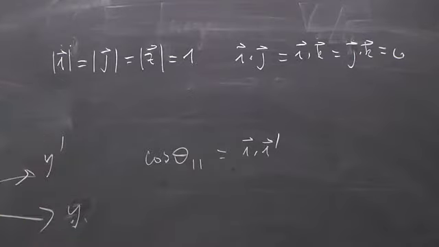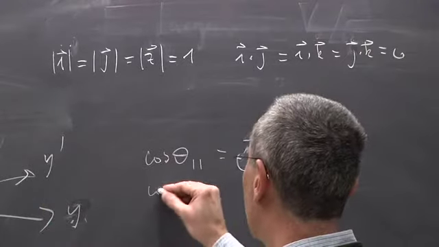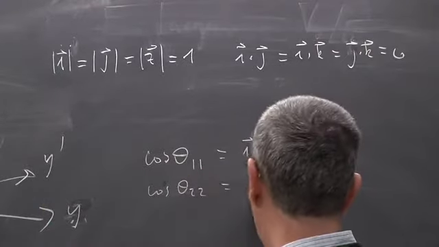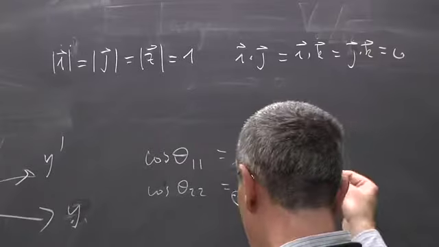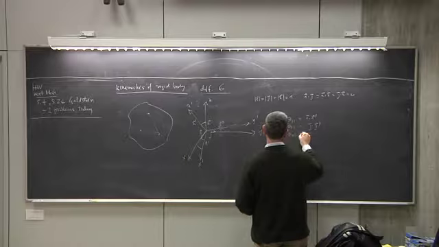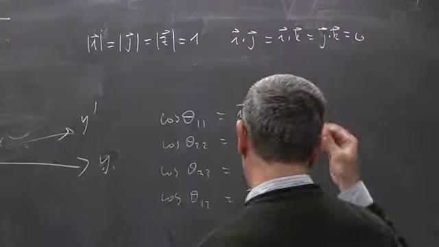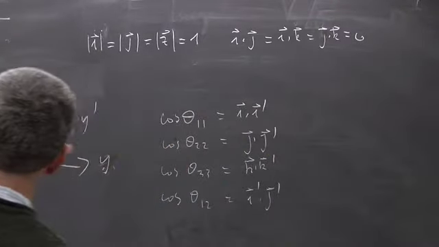You see, you can define 9 of these because you know all the possibilities. So you have a cosine 2, I guess, with j prime. You can keep on going, right? Cosine 3 is the same with the k. But then you also have more, like 1, 2, 1, j, something like this, and you can make 9.